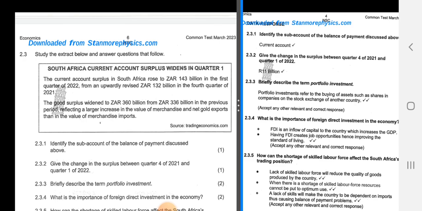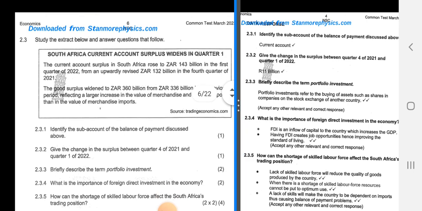The goods surplus widened to 360 billion from 336 billion in the previous period, reflecting a larger increase in the value of merchandise and net gold exports than in the value of merchandise imports.